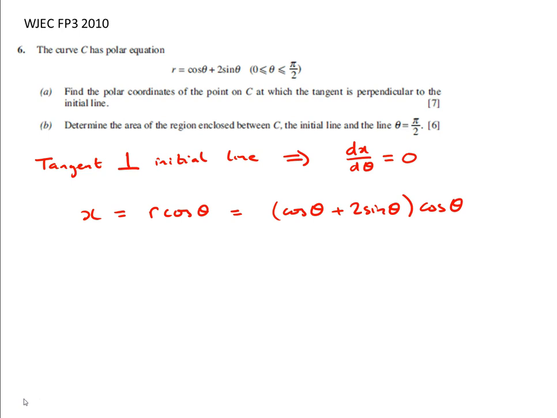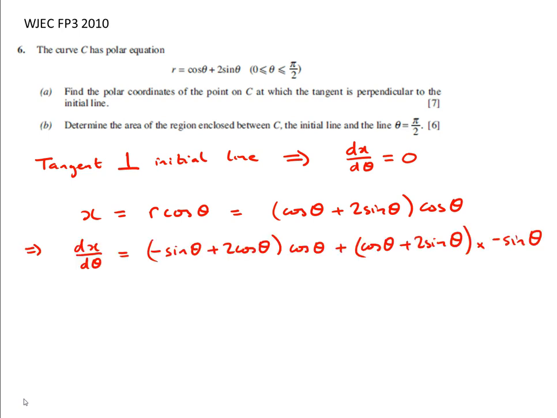We can find dx by d theta by using the product rule. First of all, differentiating cos theta plus 2 sine theta, we obtain minus sine theta plus 2 cos theta, times the cos theta left alone. And then adding on, we have cos theta plus 2 sine theta left alone times the derivative of cos theta, which is minus sine theta.